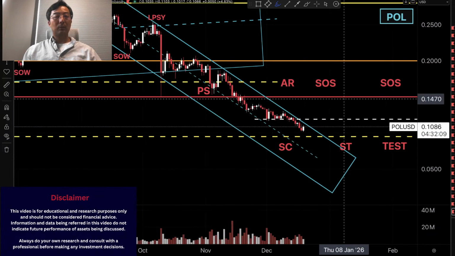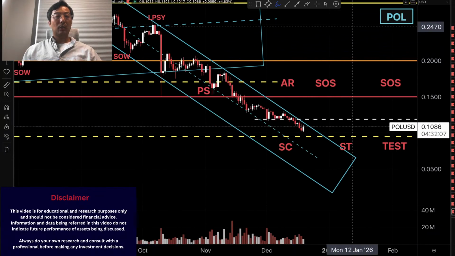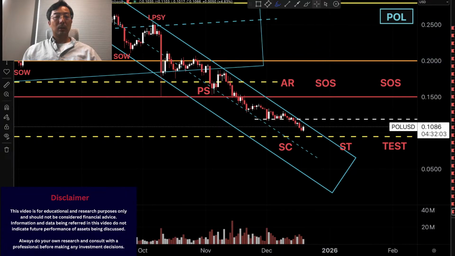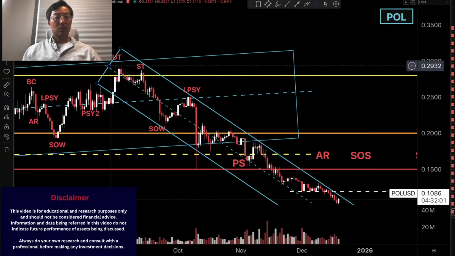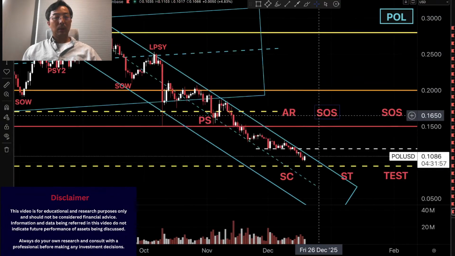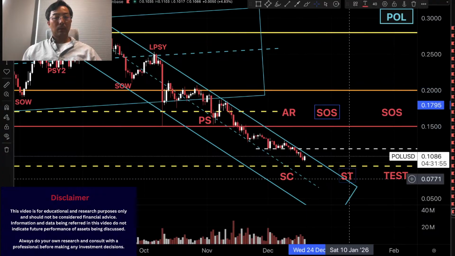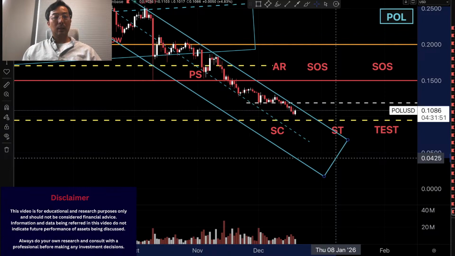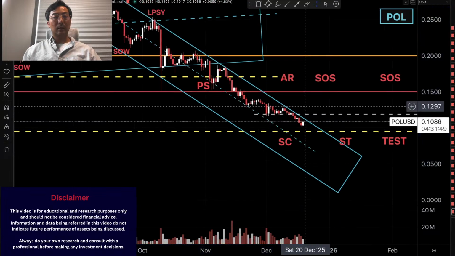Just to confirm one thing, sometimes when I initially draw these channels, I might have made them too steep, but looking at what's happening over the past couple of days, it's clearly traveling along the ceiling.